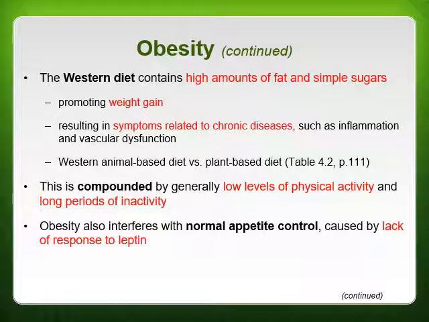Obesity itself also interferes with your normal appetite control, and that is caused by a lack of response to the hormone leptin. Leptin is a hormone that promotes you being satisfied. So that word right there, a satiety hormone, that's about being satisfied. So when you eat food and you feel like you've had enough, that's produced by adipose cells.